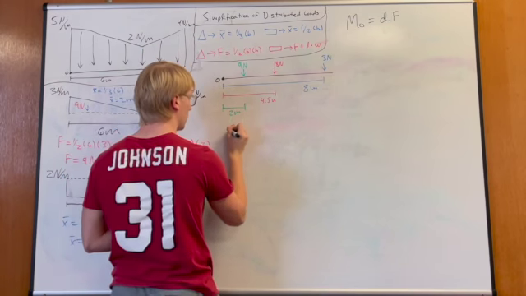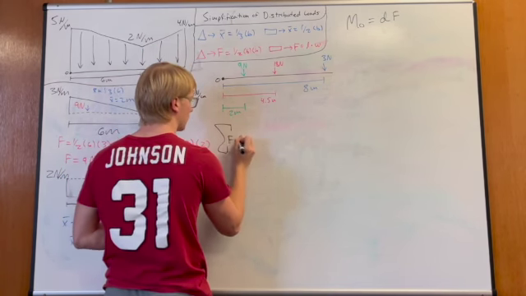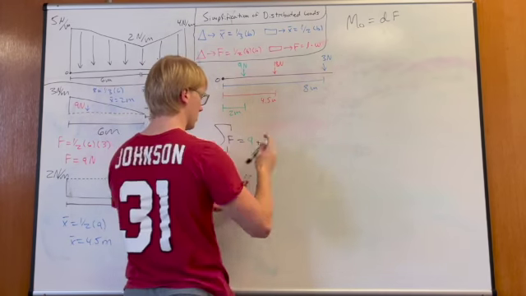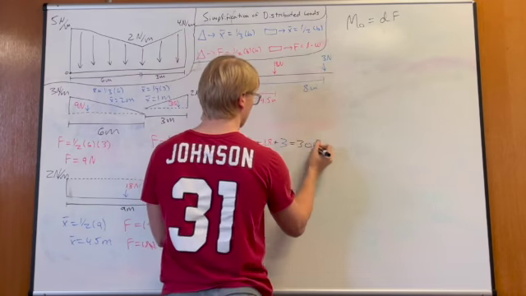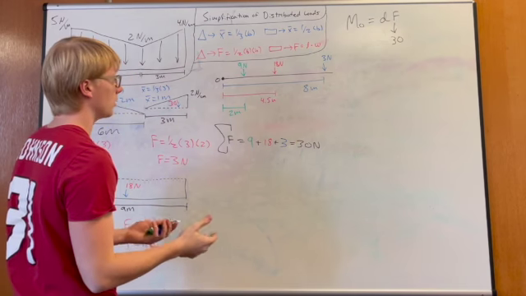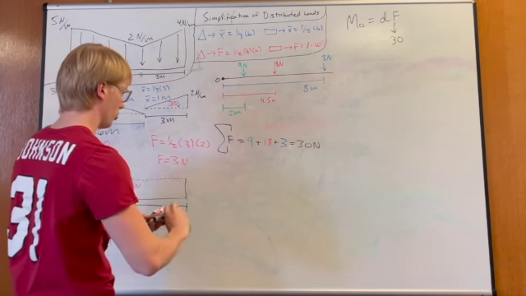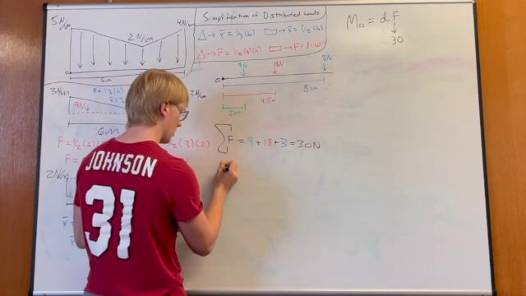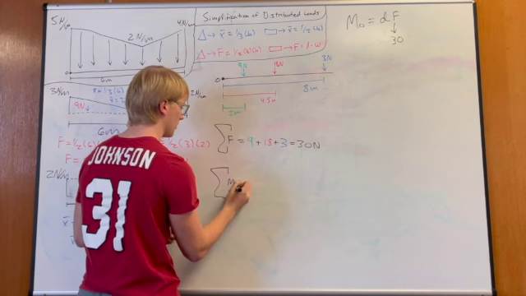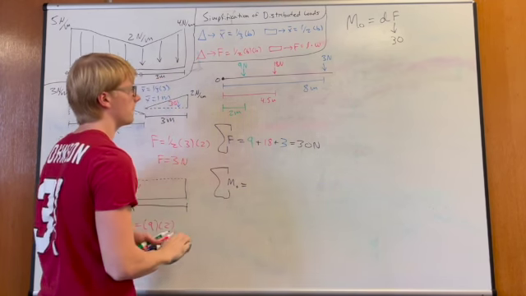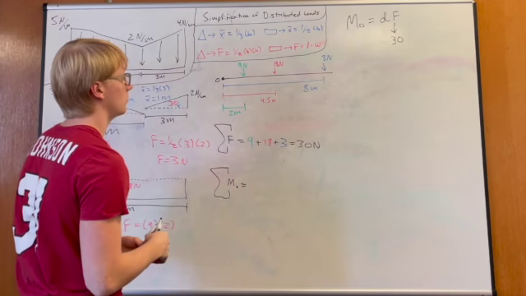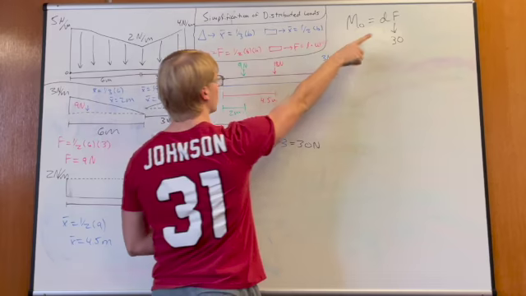So the sum of those forces is going to be, and our moment of the total thing is going to be the sum of the moments of those three forces.